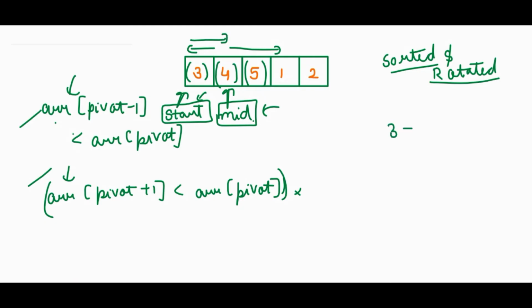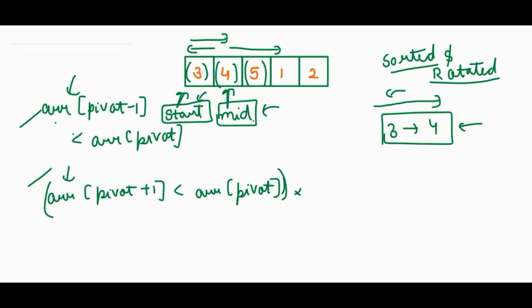We have 3, then we have 4. So this indicates that the array is increasing on the left side. If the array is increasing, that means the pivot is not on the left side, because there would have been 5 here if the pivot were on the left side. So the array is normally increasing.